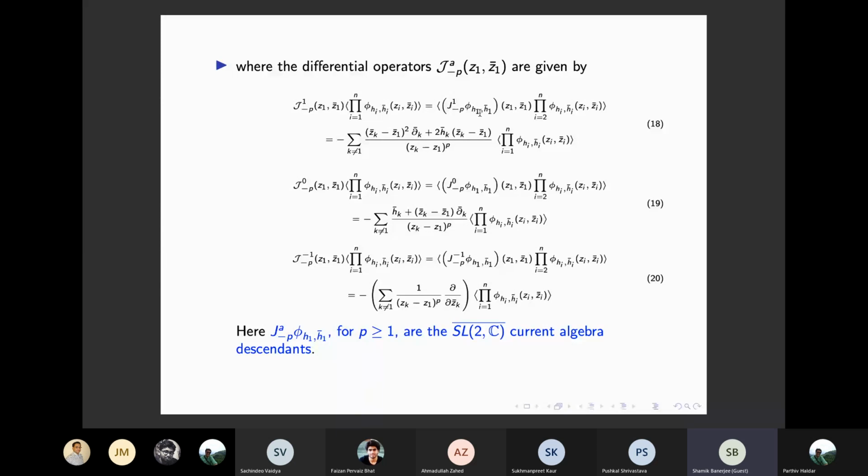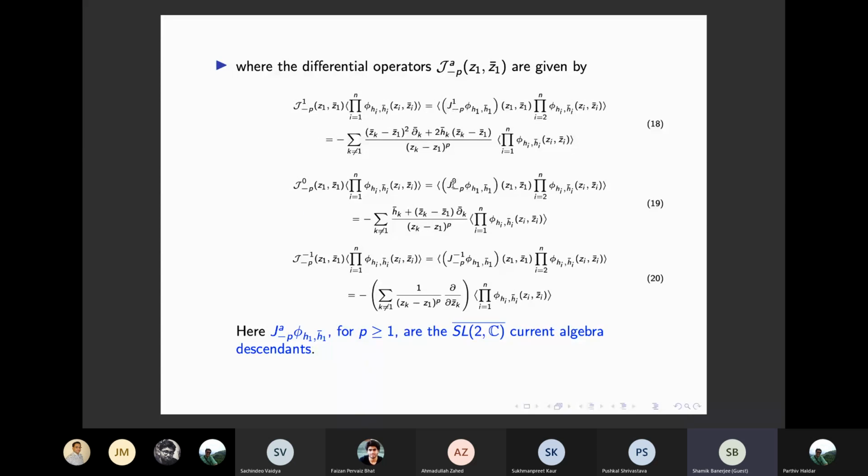So this is a descendant of this field phi h1 bar, and the correlation function of this descendant with the rest of the fields can be written in this form, and this will play a central role in what we will do actually. Okay. So now you can do the rest of the things in this way.